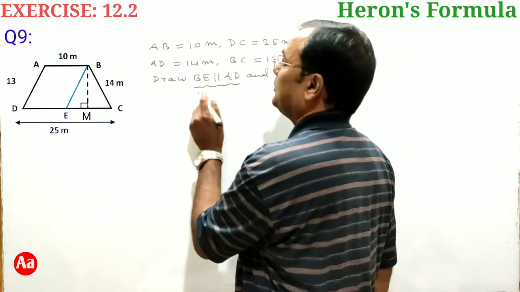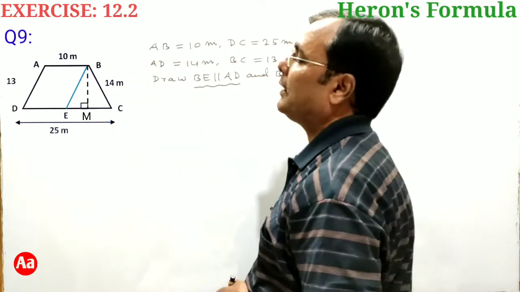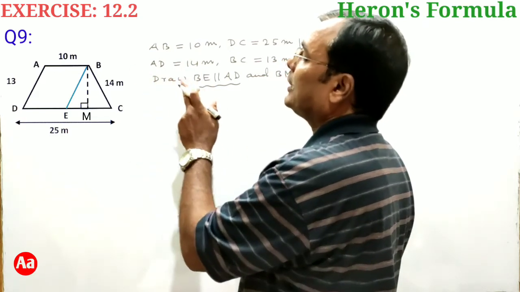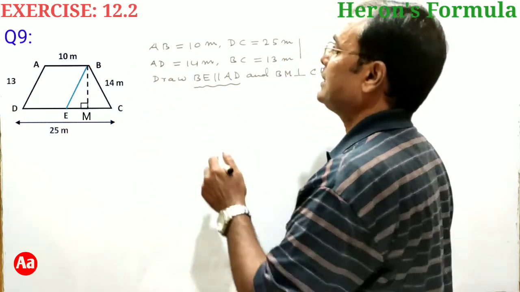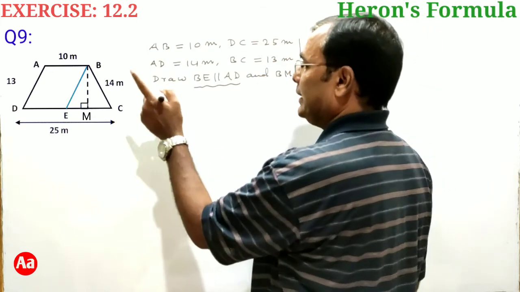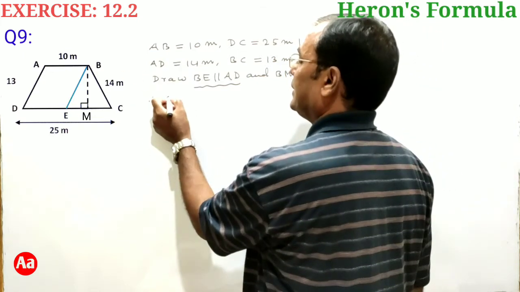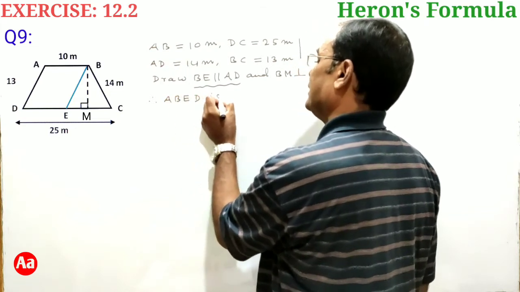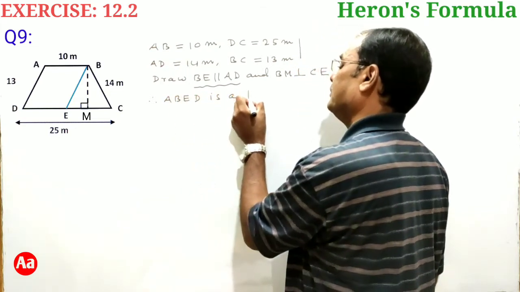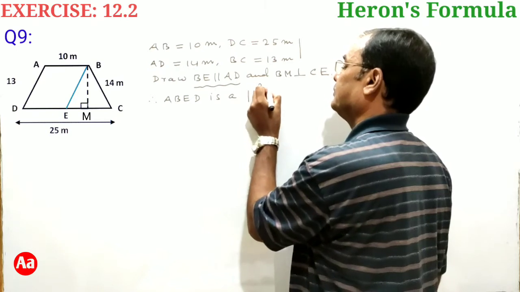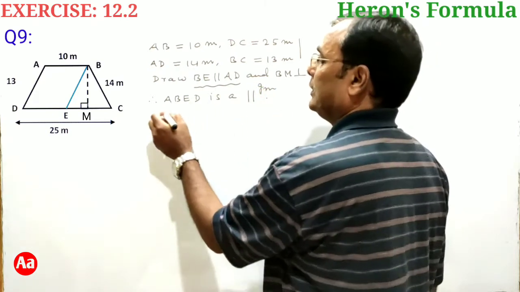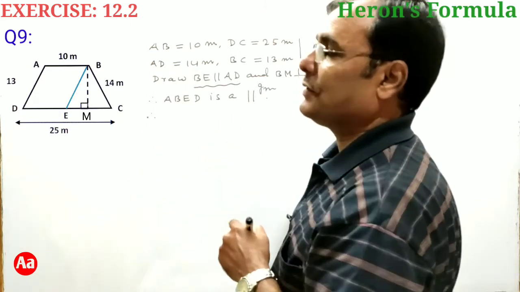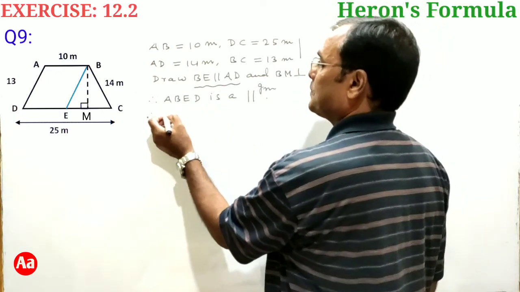We have drawn BE parallel to AD and AB is already parallel to DC. Therefore, ABED is a parallelogram, and therefore we can say BE is equal to AD.